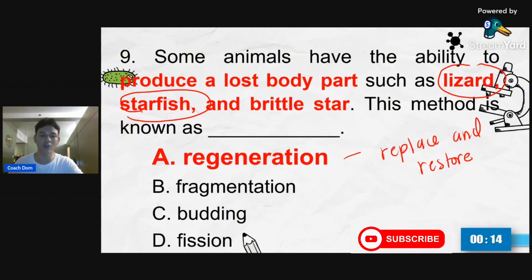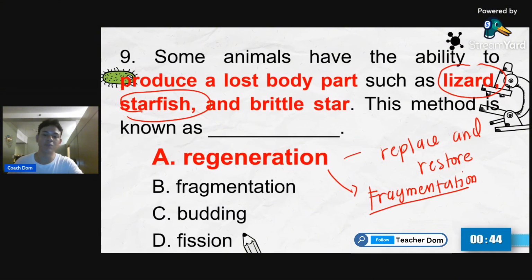So that is also an example of regeneration. Kung walang regeneration, guys, it could also be what we know as fragmentation. So same lang po siya, guys, fragmentation or regeneration. If wala po sa option sa board exam ang regeneration, we can answer fragmentation.